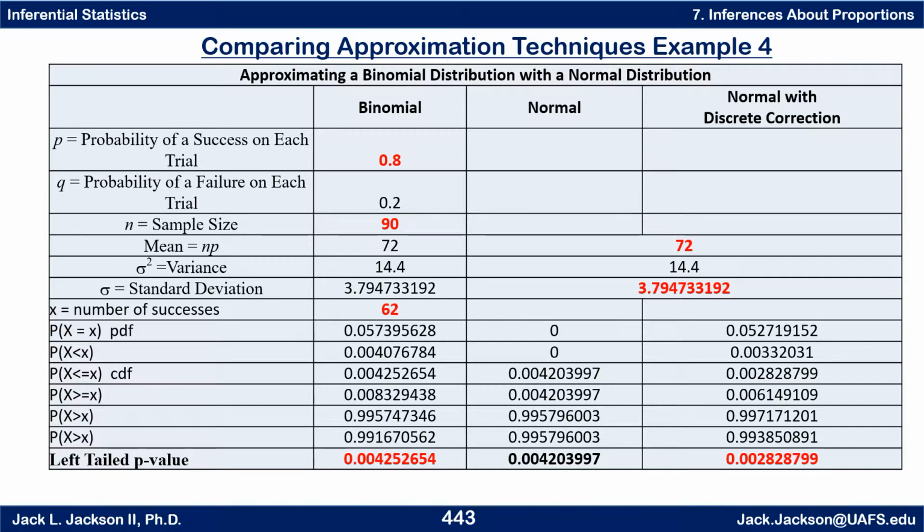If we're just comparing a binomial and a normal, then here's an example with a sample size of 90, and we get 62 successes. We do a left-tailed p-value there, 0.004, and the normal, if you go right up to less than or equal to the 62 there, we get 0.004, but the discrete correction throws it off a bit.